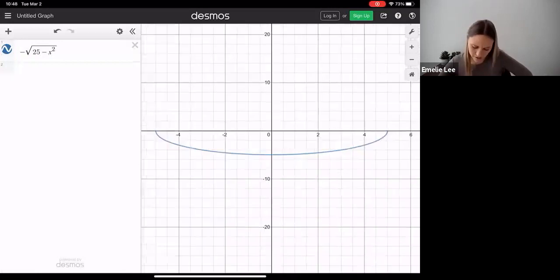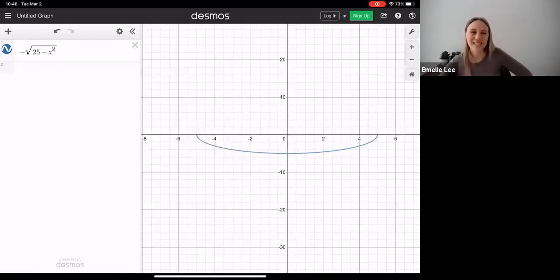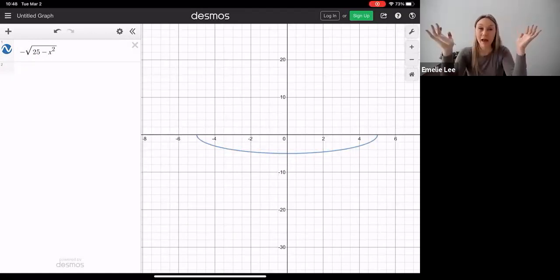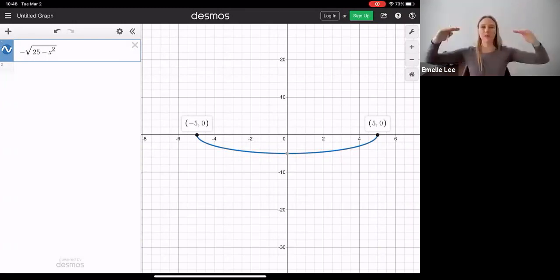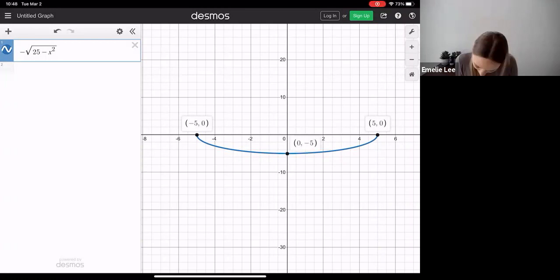Okay, so when I zoom out, now I see that there is this kind of half a circle going on. In fact, it's the underbelly of this circle. And so it looks like the range is going to be from 0, including those 0 points on the x-axis, and then it's going down, and this is the bottom of this thing.